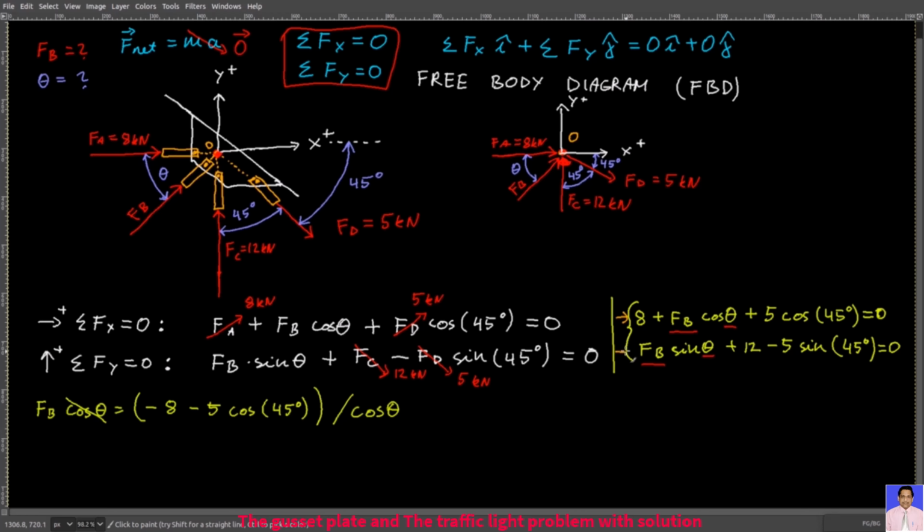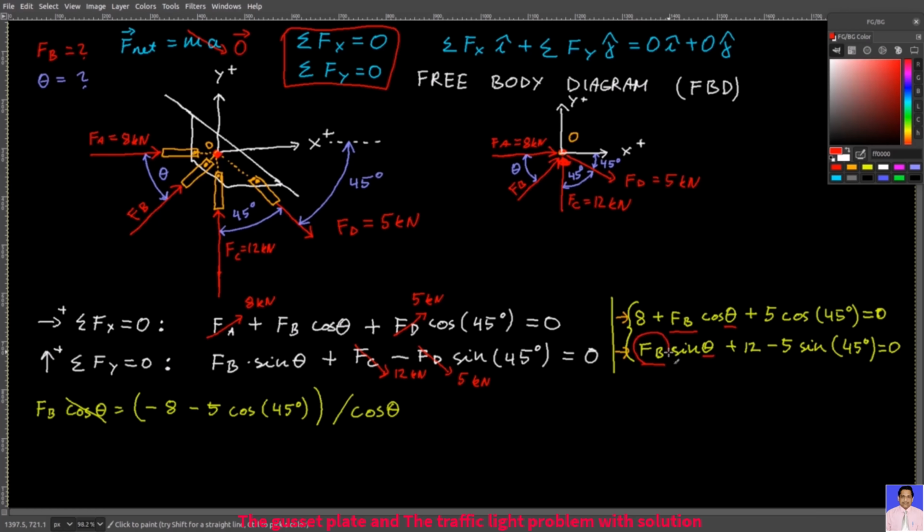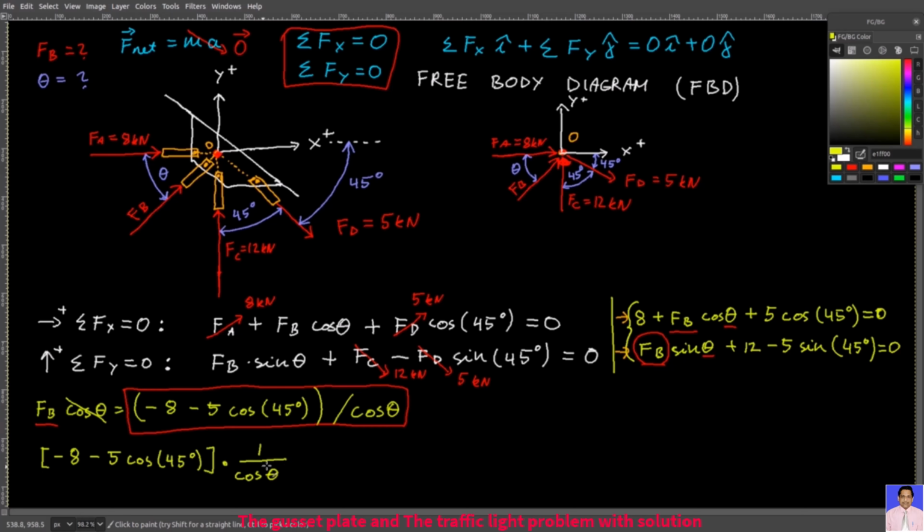And now I will take the second equation and I replace this Fb with this expression here, because this is my Fb. So this is my Fb, it's this one here, times sine theta, so I'm just going to put it here, and then plus 12 minus 5 times sine 45 degrees, it equals 0.